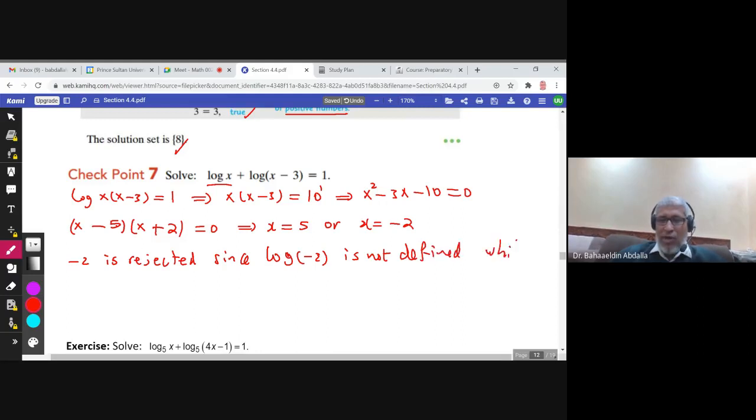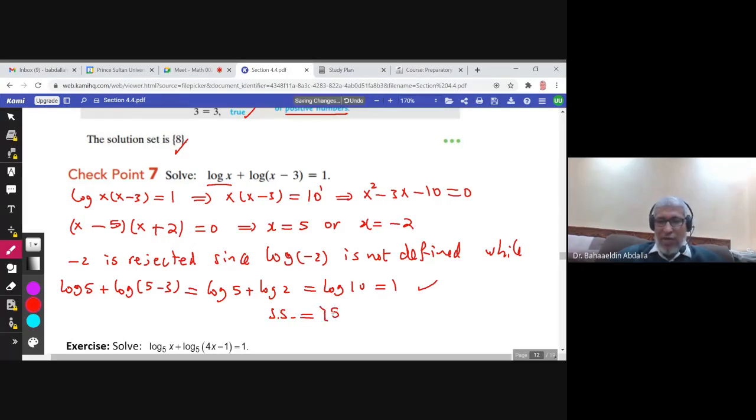While if you replace x by 5, you will have log 5 plus log of 5 minus 3. This would be log 5 plus log 2. You can use the product rule. It would be log 10, and log 10 is in fact 1. So the solution set would be 5. 5 is the solution, and -2 is rejected.